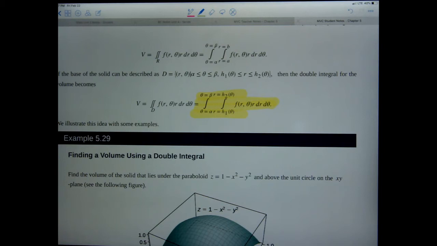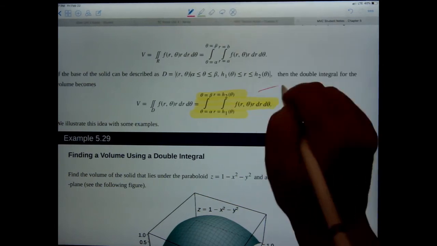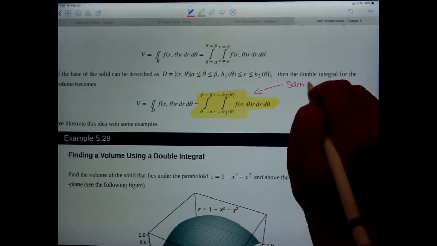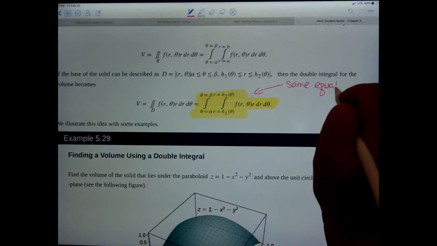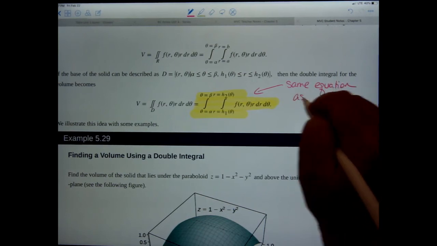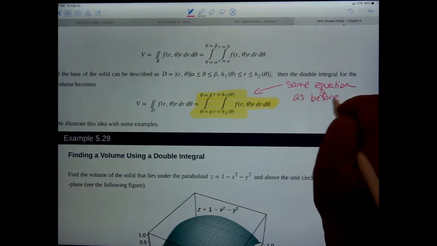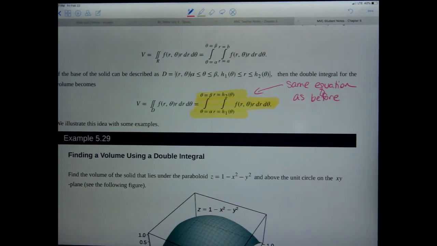A volume is the same thing as the area, which is a double integral with polar coordinates. It's basically what it is. So I'm just going to write down that this is the same equation as before. It's like when all of a sudden you're given a word problem and you use a method you've already learned how to do to solve it. Okay.